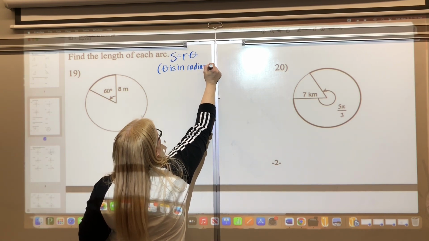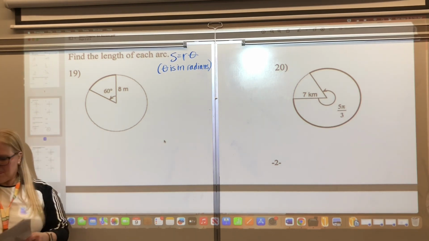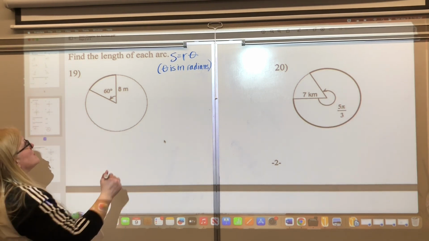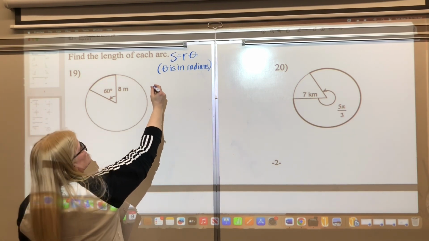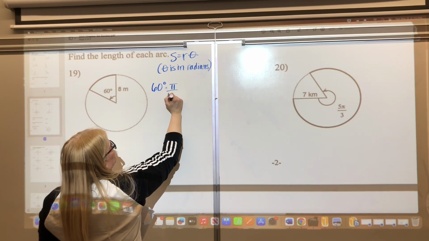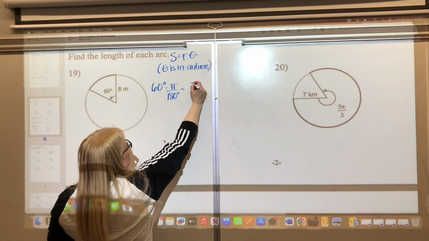You won't need to memorize that, that'll be on the test. Oh, I better hang on to that. So this is in degrees, so I need to change that. So 60 degrees times pi over 180 gives me pi over 3.